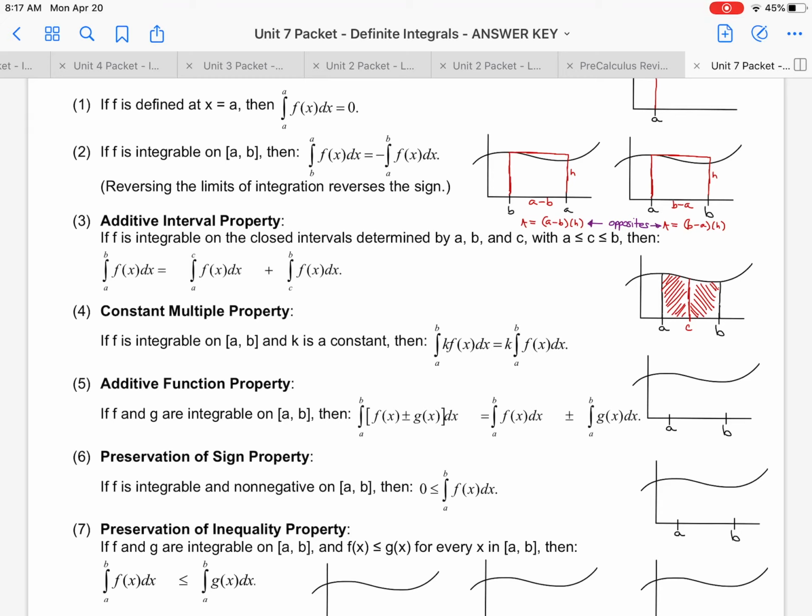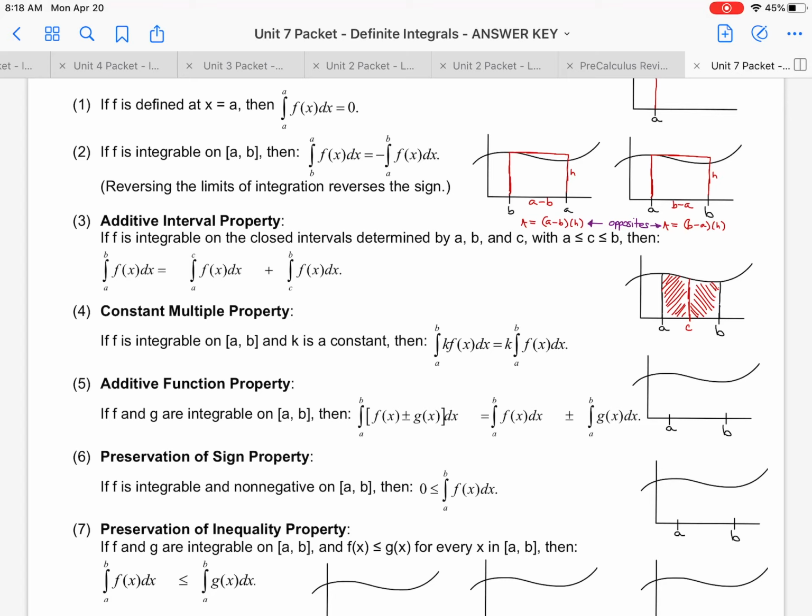Number 4, we have the constant multiple rule, which is really saying, I'll oversimplify it: double the height, double the area. Triple the height, triple the area. Half the height, half the area. Because f of x is representing the height.